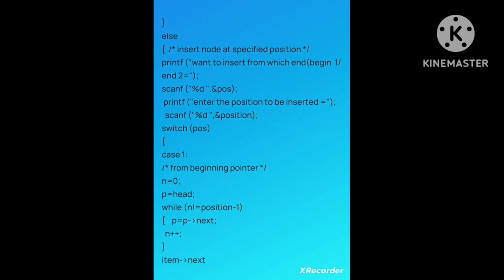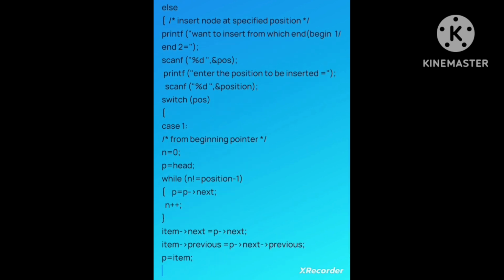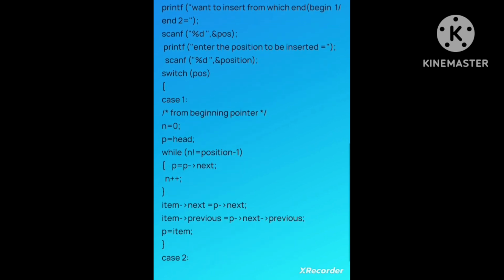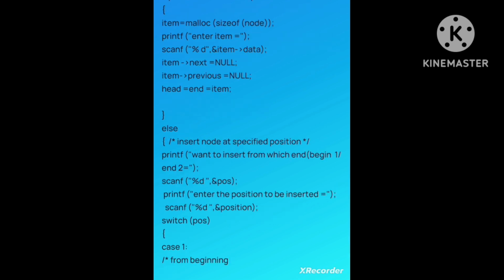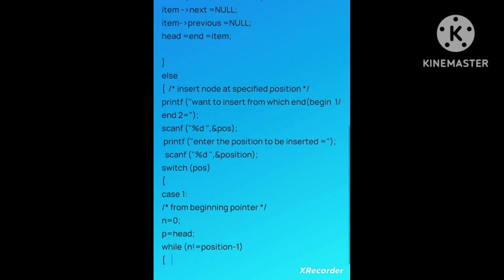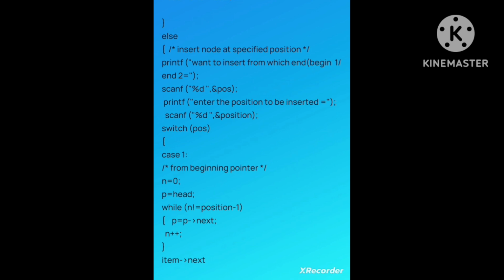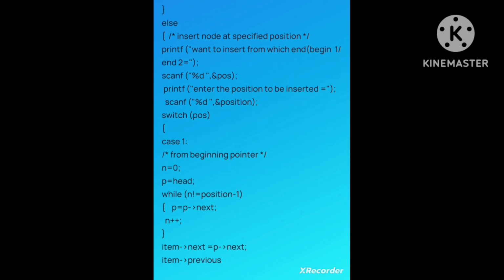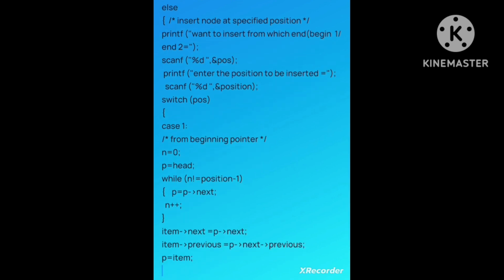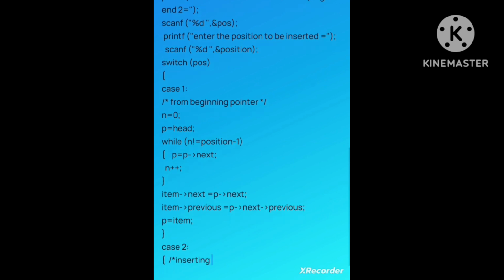For that we will traverse our list one position ahead of the node to be inserted. Then connect item of next to p of next and item of previous to p of next of previous, so that p will become the item node. So in this way the node is inserted from the forward direction, and the same procedure applies for the backward direction.